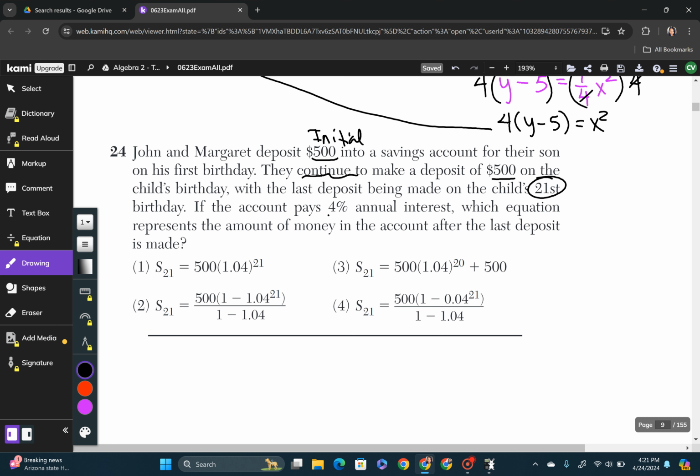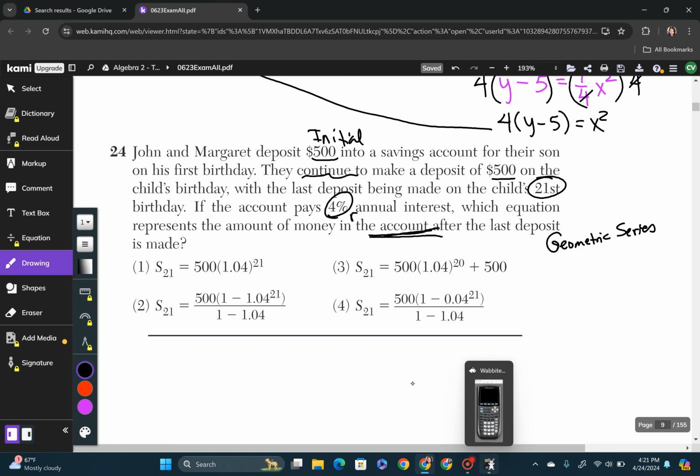So what this is telling me is I'm going to have a geometric series, which means that I'm going to keep on adding these numbers up, right? I want to find the total amount. So I'm going to look at my formula booklet. And in my formula booklet, I have a geometric series, okay?